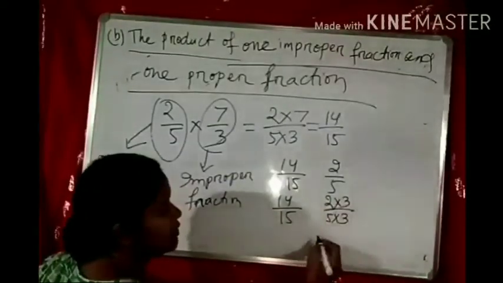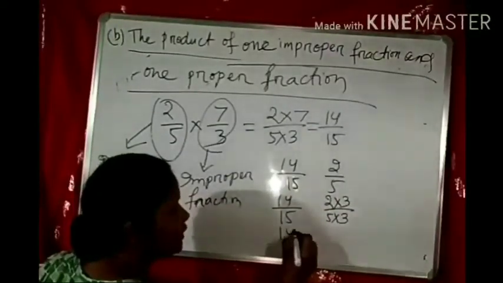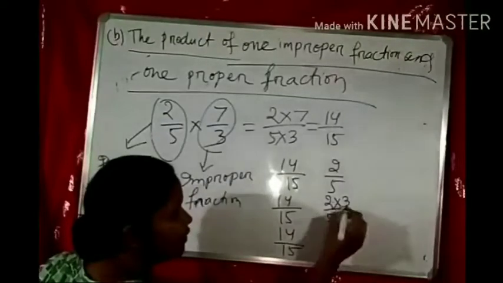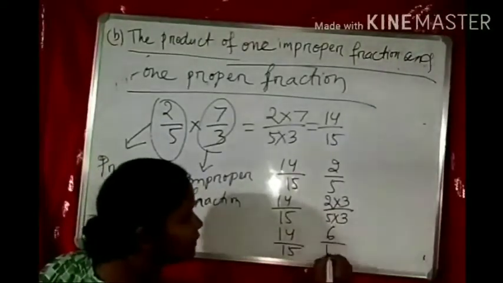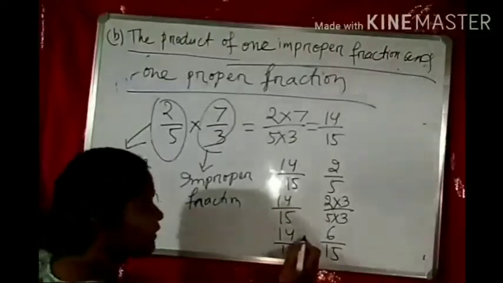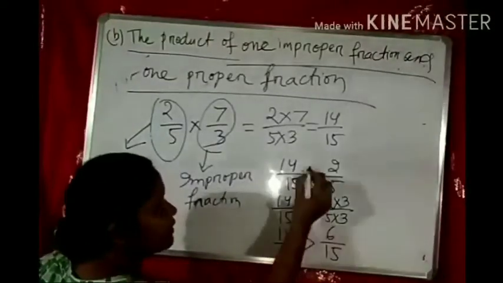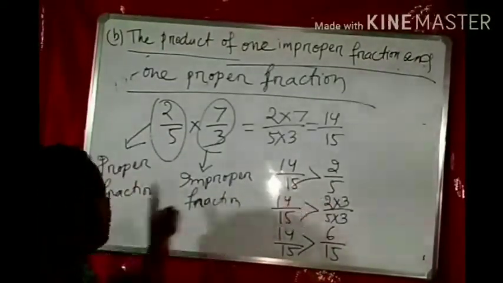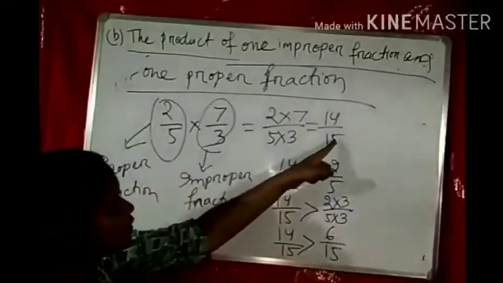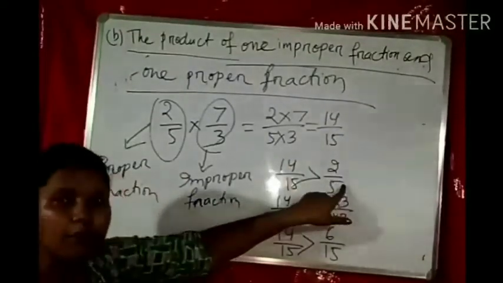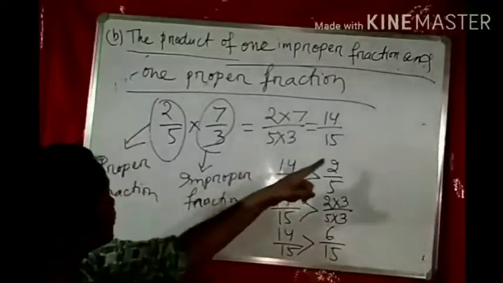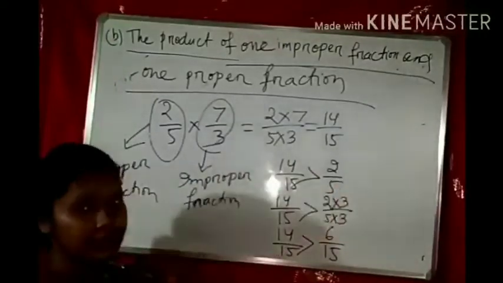What are we getting? 14 by 15, 6 by 15. So which one is greater? The product is greater than the proper fraction.